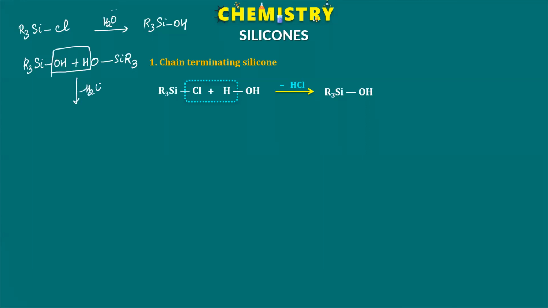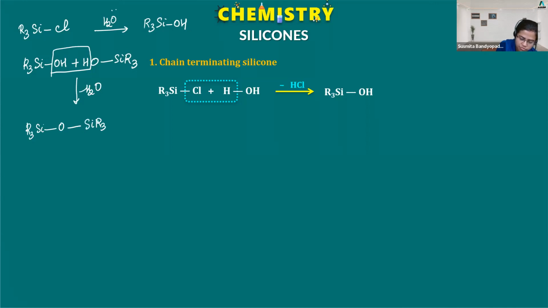What will happen, you know? Dehydration. But there is nothing else we can do. We can just form a dimer. The polymer, the silicone polymer I was talking about, cannot be formed here. So have a look. R3SiCl on hydrolysis gives R3SiOH. One more R3SiOH will combine with it, and OH and H are lost.